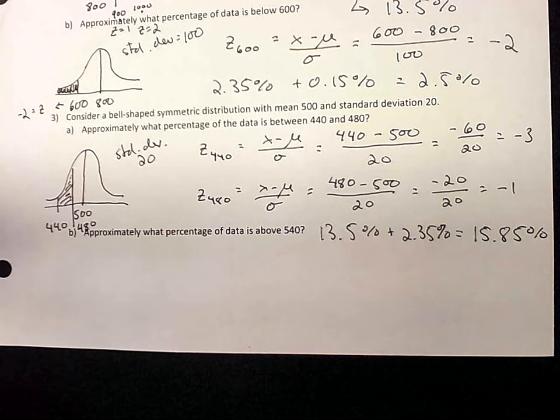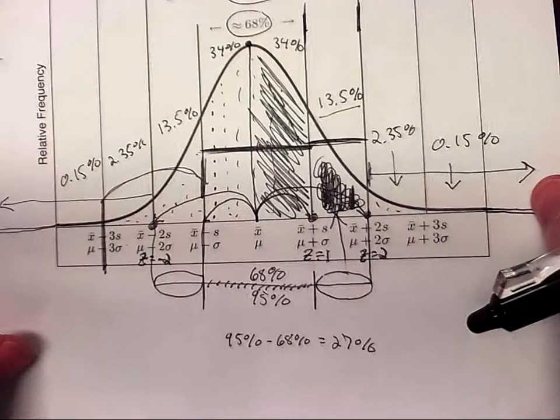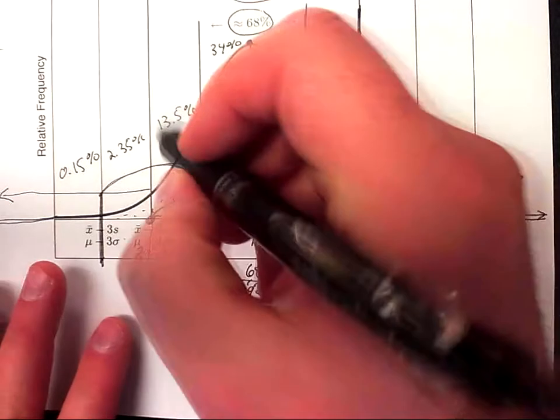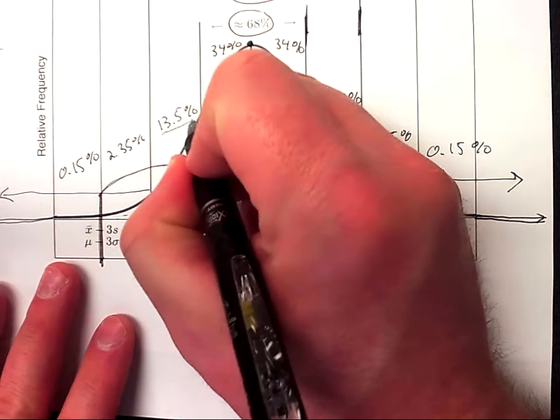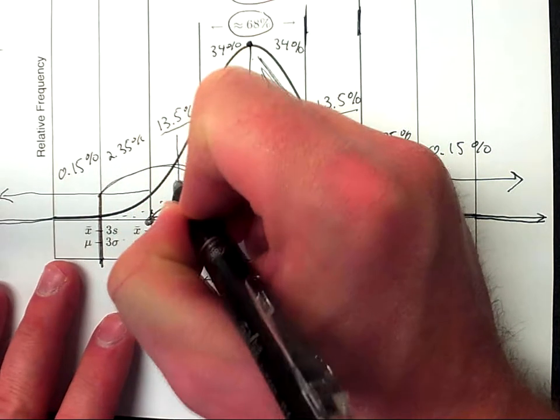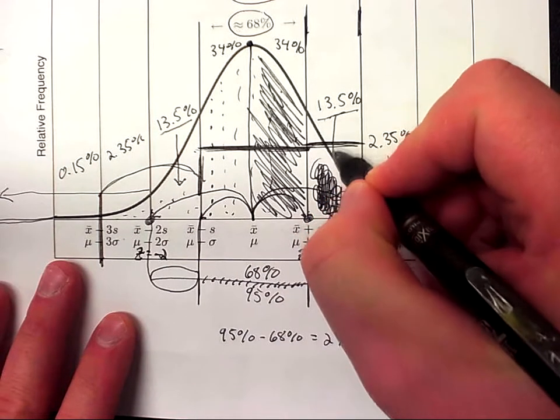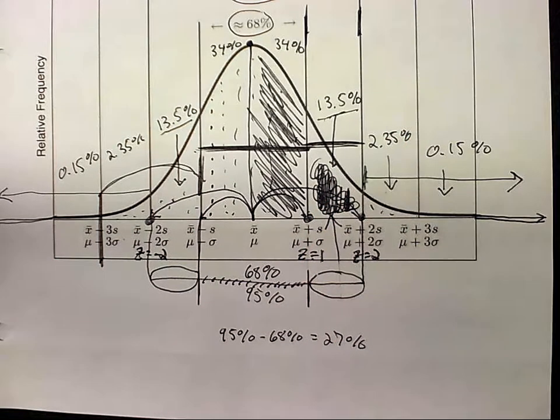Are you always going to add those, or on the other side, do you subtract them, or do you always add them? You always add them, right? Okay. So in these problems, we know that 13.5% of the data is always in this sliver, right? Same thing with 13.5% of the data always between this sliver.